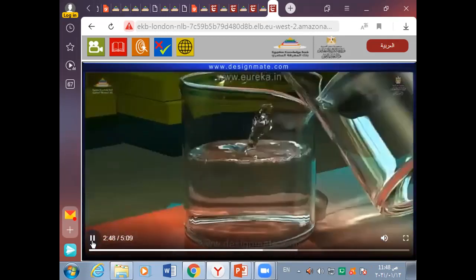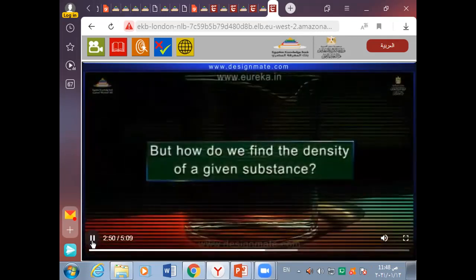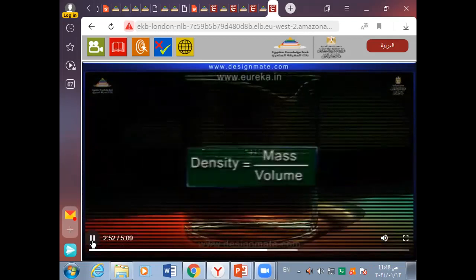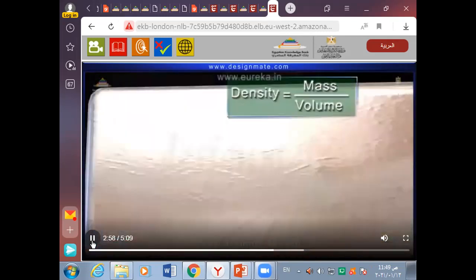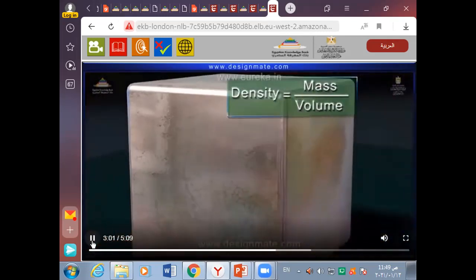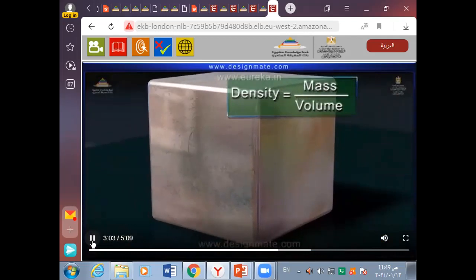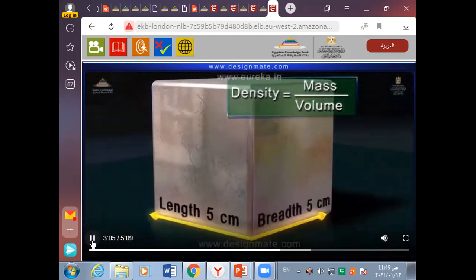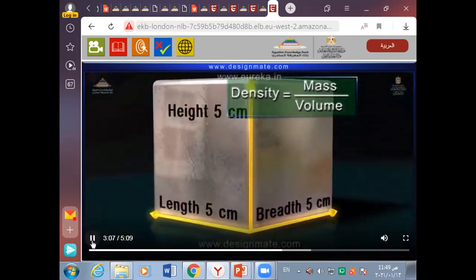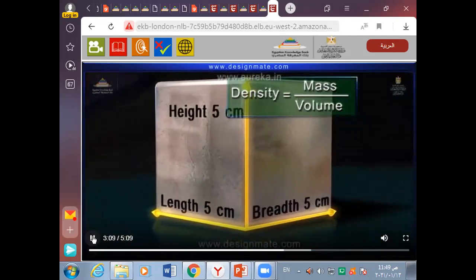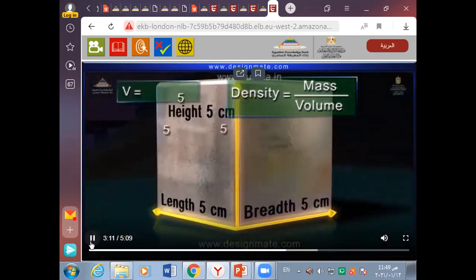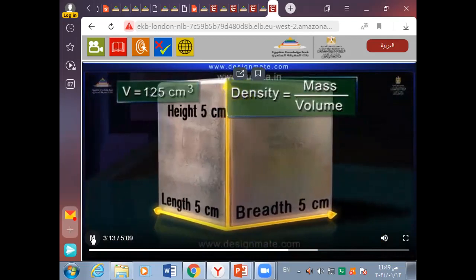But how do we find the density of a given substance? Density can be found by dividing mass of the substance with its volume. Suppose we want to find the density of this iron block. It has a length, breadth, and height of 5 centimeters each. We can also calculate its volume, which is 125 centimeters cubed.